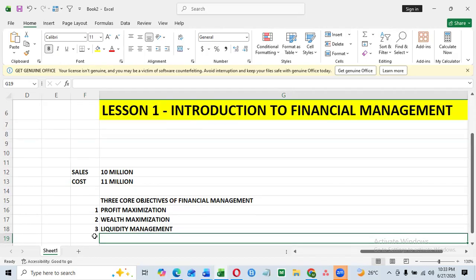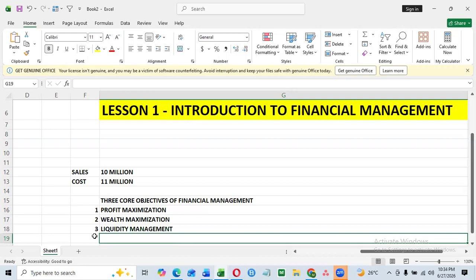Think of it this way. The person we call an accountant is like a doctor reading your test results. A financial manager is like the doctor who now says, based on these results, here is what you should eat.